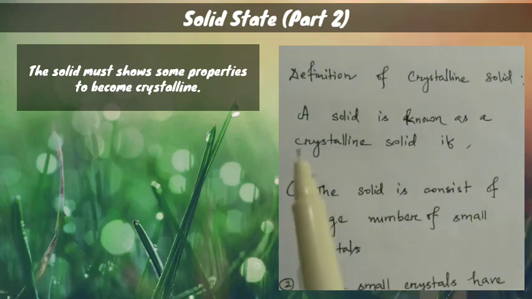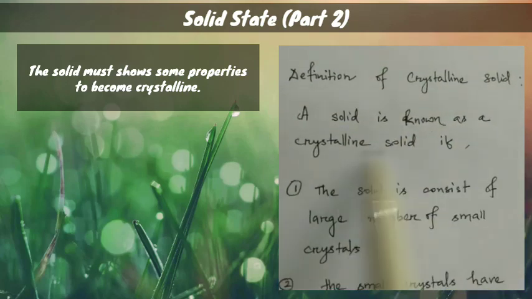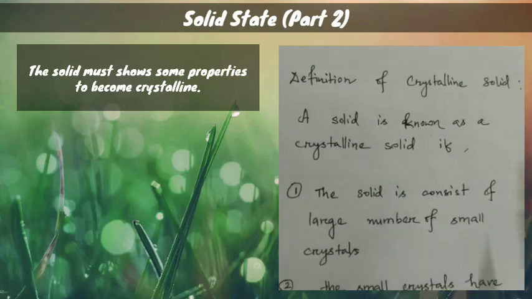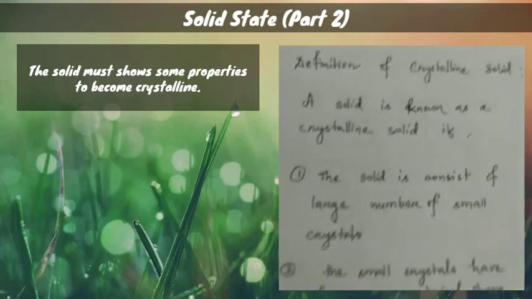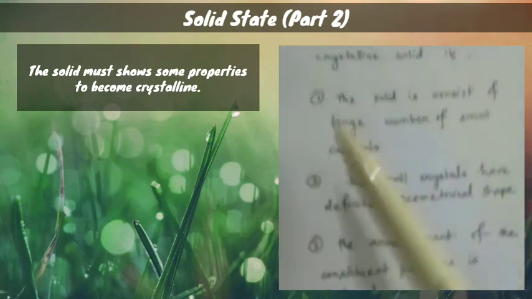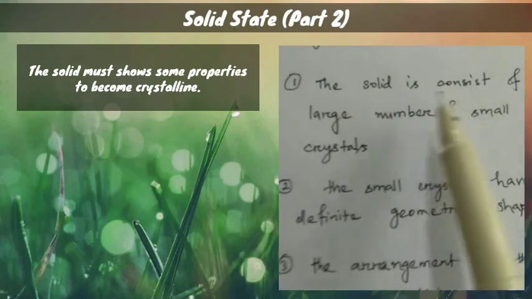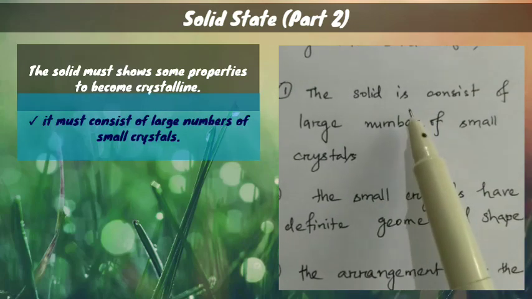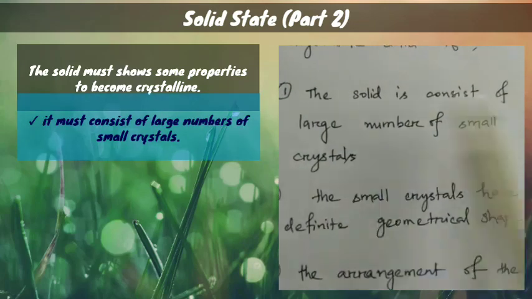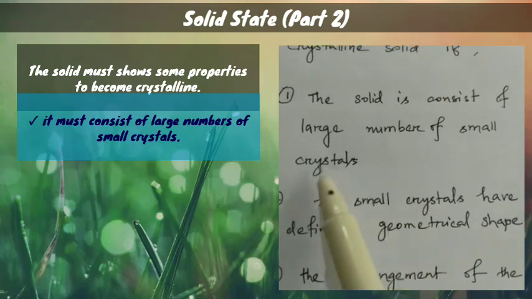A solid is known as a crystalline solid if and only if that solid follows these rules or properties. Number one is that the solid consists of a large number of small crystals.